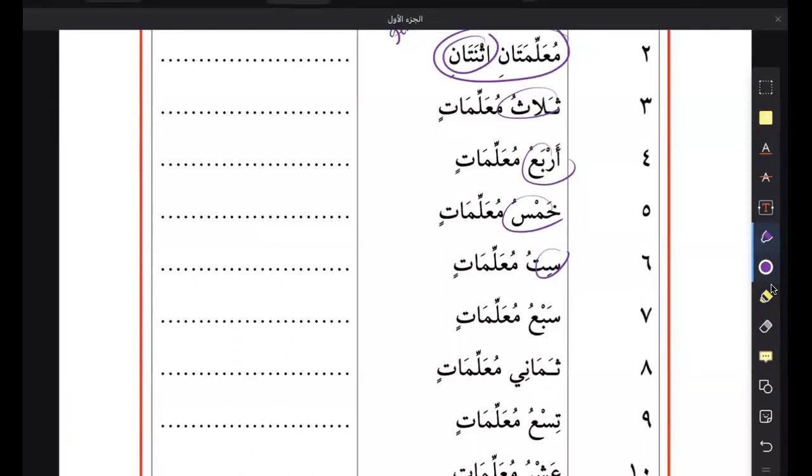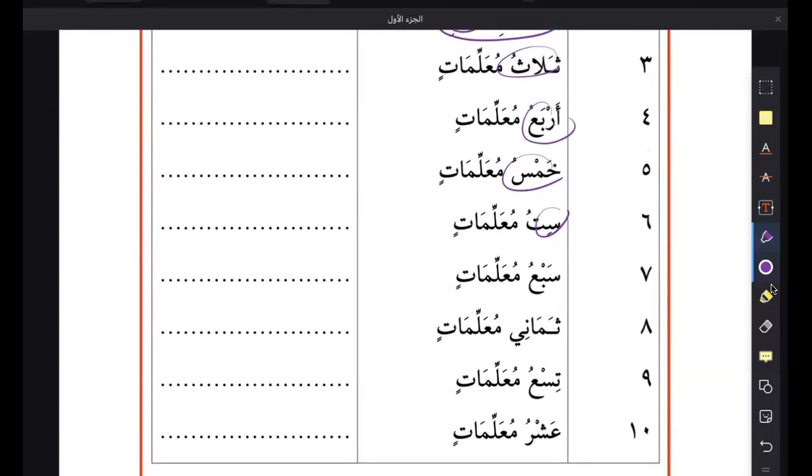So a lot of things go into doing the number properly. The gender is very easy if you think like this: anytime you see 1 and 2, we match the gender. And anytime we see 3 to 10, it will be the opposite of the gender.